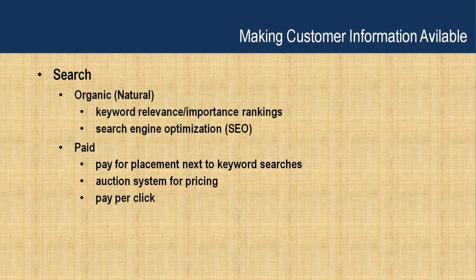So, search can be organic, natural search. There you will use all kinds of keywords and tags to highlight your offerings or your information to the customer. This is often called search engine optimization. Customers will access your information even if they have been looking for some generic information.